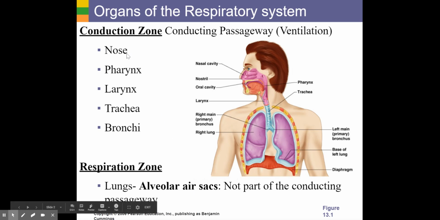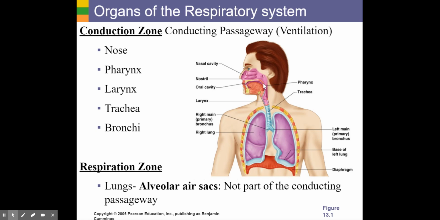So the conduction zone, which are some of the parts we're going to talk about over the next two lectures, are the nose, pharynx, larynx, trachea, and bronchi. And you can see them here on the chart. The nose is essentially the external opening to the respiratory system. The oral cavity would also be an opening to the respiratory system as well, but normally we breathe in through our nose, or at least we try to as much as we can.